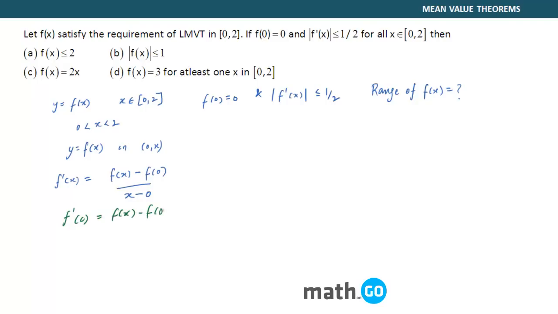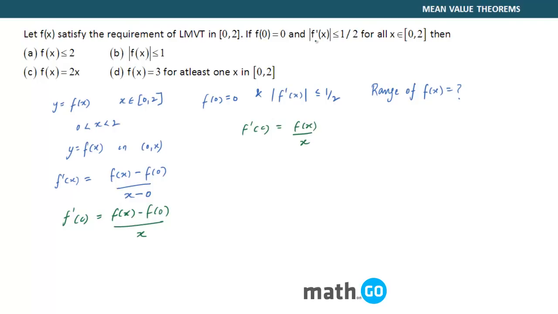I have no objections here, right? This is x. So we know that f(0) is 0. If I solve this, it becomes f'(c) = f(x)/x. Okay. Now what else is given to us?